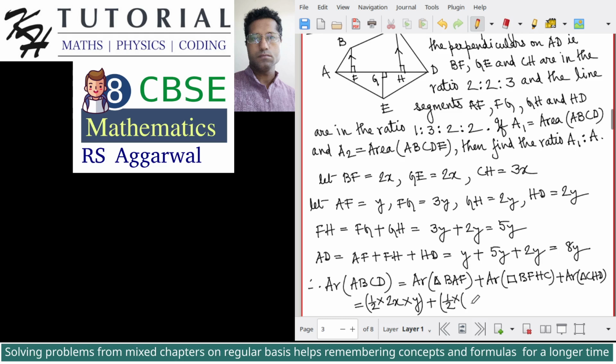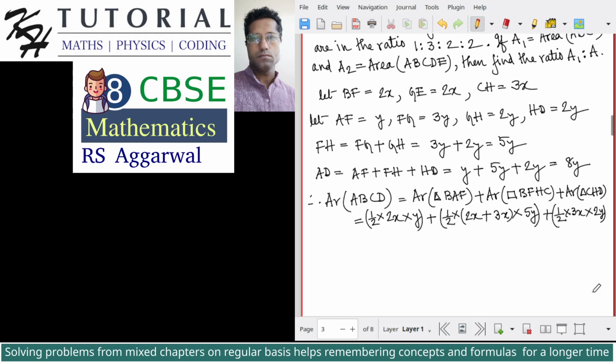The sum of the parallel sides is BF plus CH. BF is 2x and CH is 3x, multiplied by height FH. FH is 5y. Plus the area of the triangle CHD. It is half, the perpendicular is CH, which is 3x, and the base is HD, which is 2y.